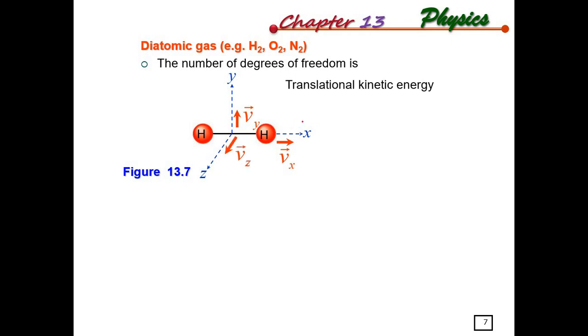So that's why it has translational kinetic energy equal to 3, and then it also has rotational kinetic energy, for the Y axis and Z axis. So that's why it has 2 rotational kinetic energy. So totaling up, the degrees of freedom is 5.